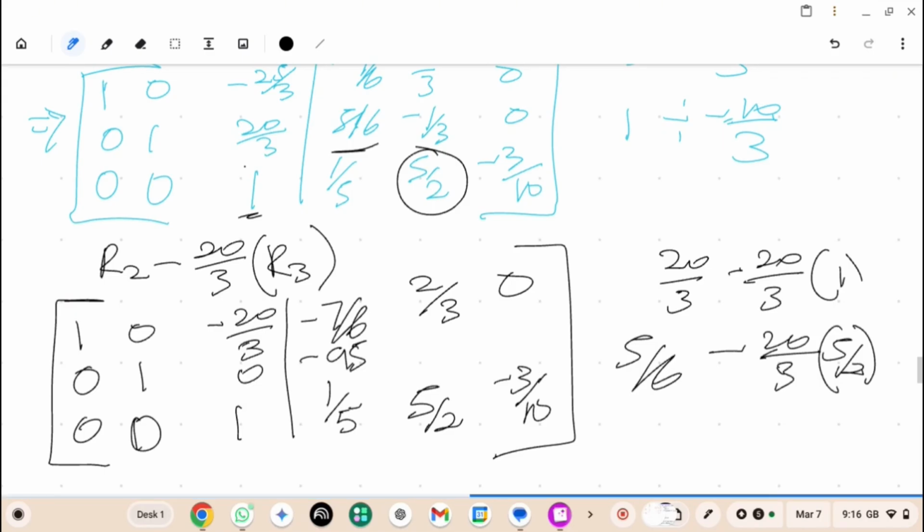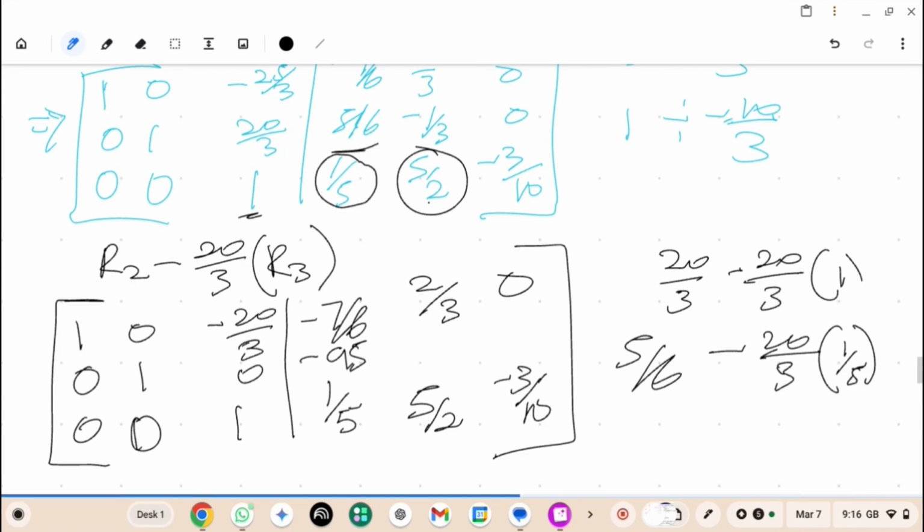Oh, I used this one. Sorry, I'm supposed to use this one, not this. So here will be 105. Here negative 1. Here will be negative 1.